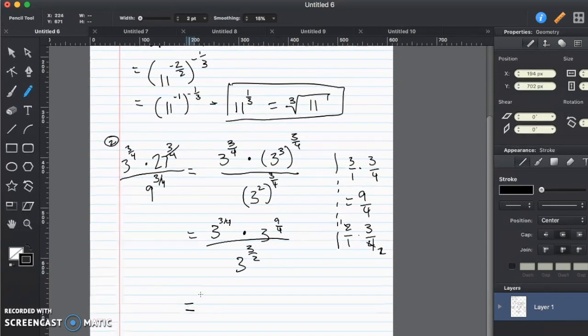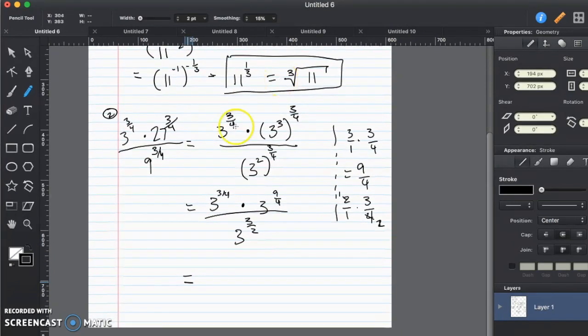Now I can use my same exponent rules. If I'm multiplying my bases, I know that I can add my exponents. So let's do that. 3 to the 3/4 plus 9/4, over 3 to 3 halves. I'm just adding these exponents because the bases are the same.